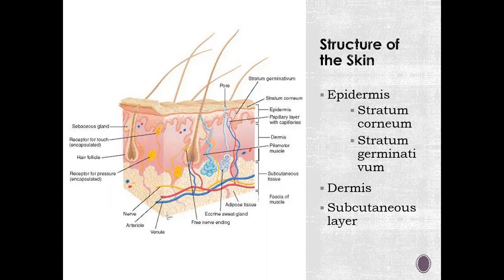We have melanocytes, which produce melanin, which is your pigment that gives the skin color and provides protection from ultraviolet light. And then there's Langerhans cells. These are mobile, and their function is to phagocytize or engulf foreign material and trigger an immune response. After that, we have our dermal layer. So your dermis lies below the epidermis and above the subcutaneous tissue.